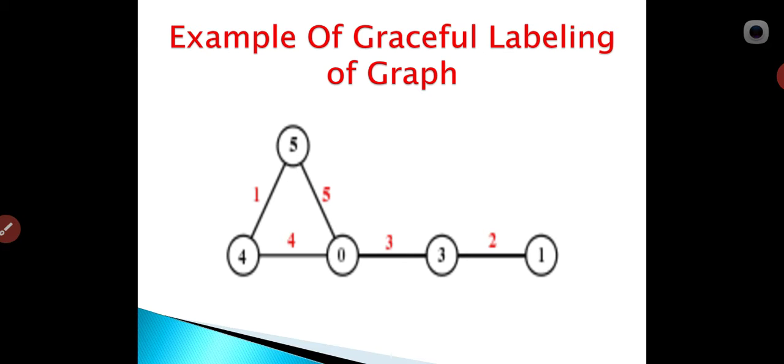Now, all of you see the example of graceful labeling. Here the graph has 5 edges.